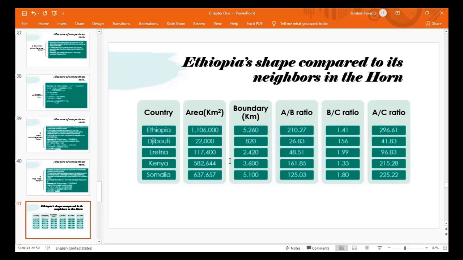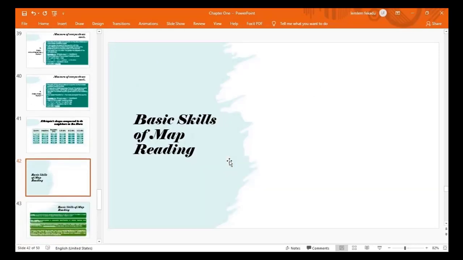The area boundary ratio, the boundary circumference ratio, and the area circumference ratio are here. From this you can observe that Ethiopia is more compact than the other countries.